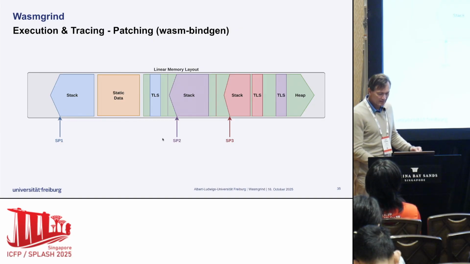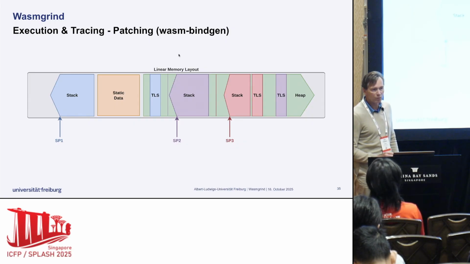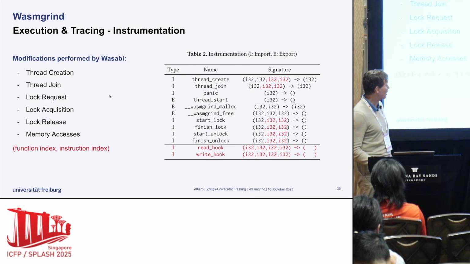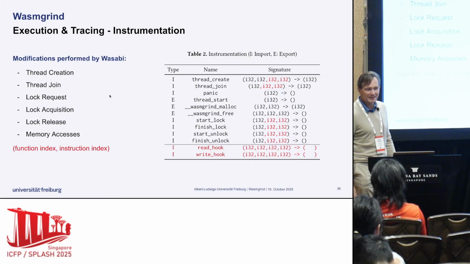For our ABI, we mimic pretty much what Wasmgrind was doing and extended it so that it worked with our stuff as well. All right, so we're getting pretty much to the end. If you actually want to do this tracing, we looked around on the market for a tracing tool, and the only one that was working at that time was ABI.